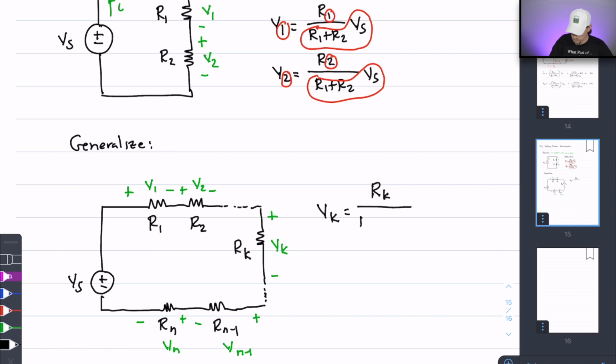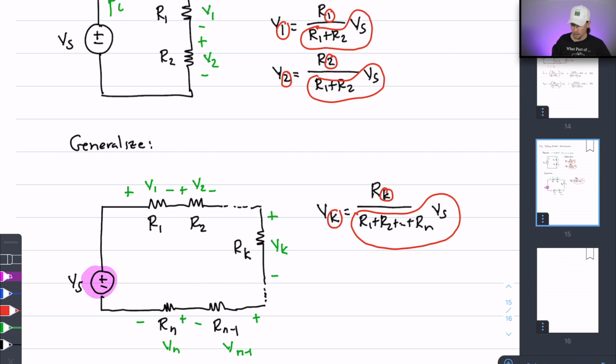So here this is R1 plus R2 all the way out to R sub n, and we're still going to multiply by the voltage of the source, V sub s. So in terms of the mathematical form, notice that this matches with the formulas that we have above, and similarly, this portion that I'm circling also matches with the formulas up above.